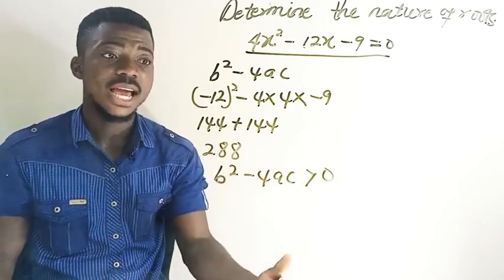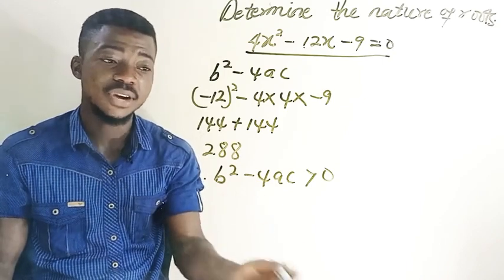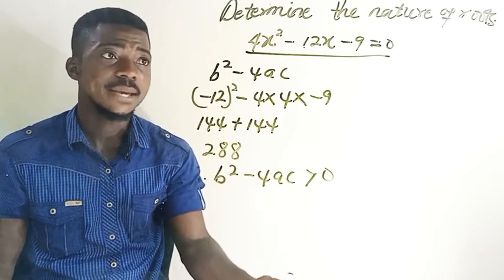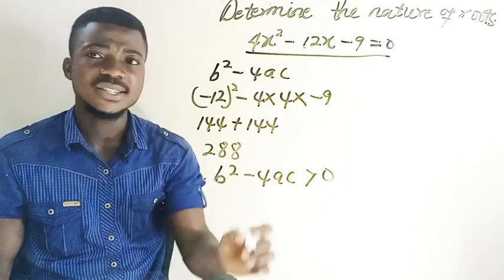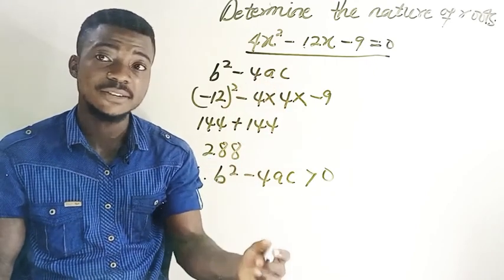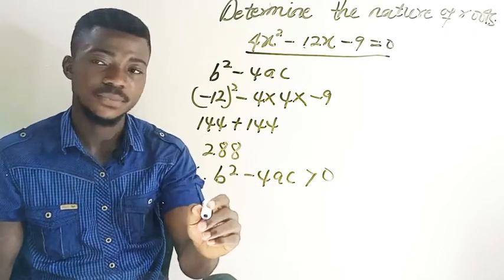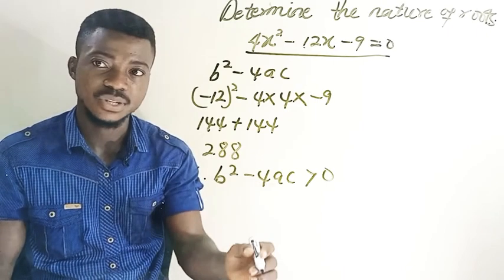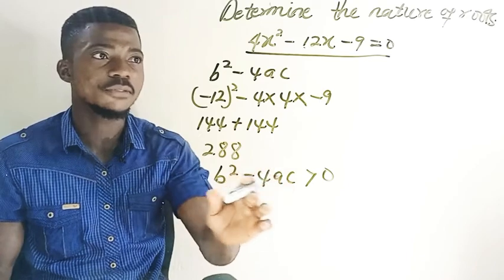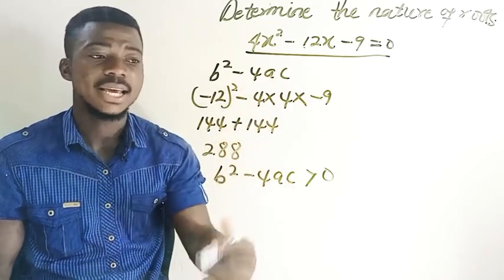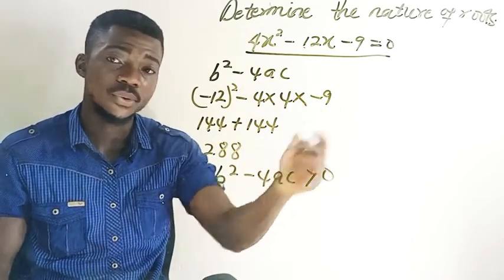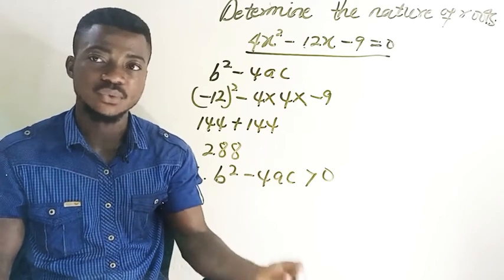If you find the discriminant and it is greater than 0, it means the equation has two different roots. So when you solve the equation, find the discriminant, and it's greater than 0, you have two different roots.